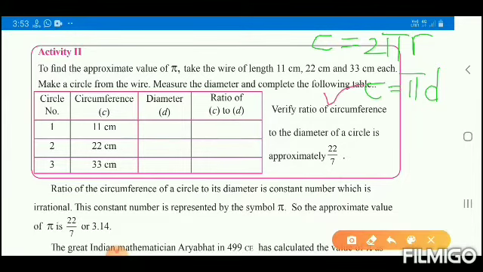So C is equal to pi d. Here they say make a circle from the wire, measure the diameter and complete the following table. Then to find the approximate value of pi, means we want to find the value of pi.